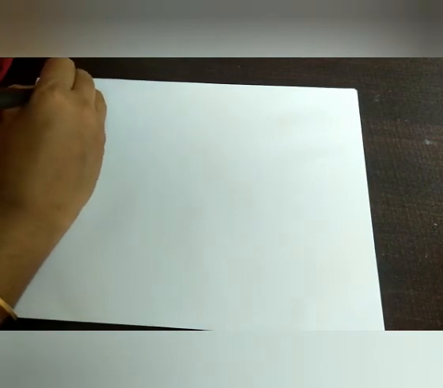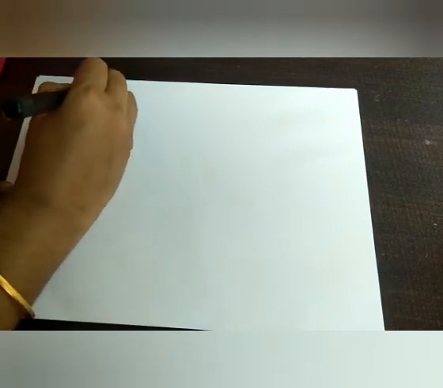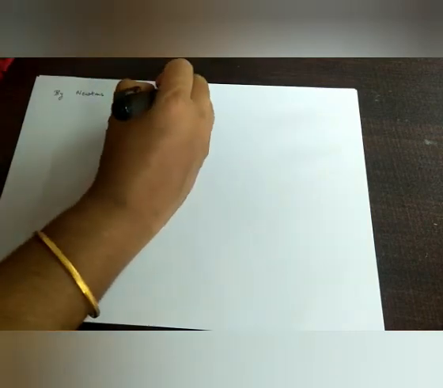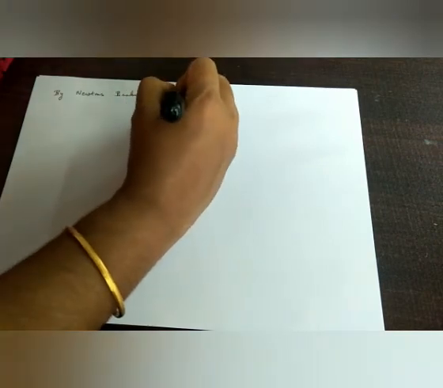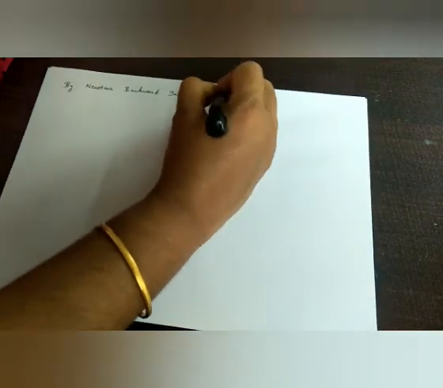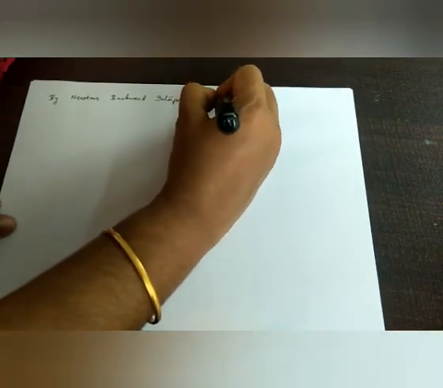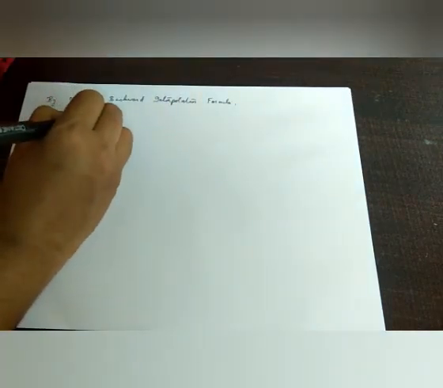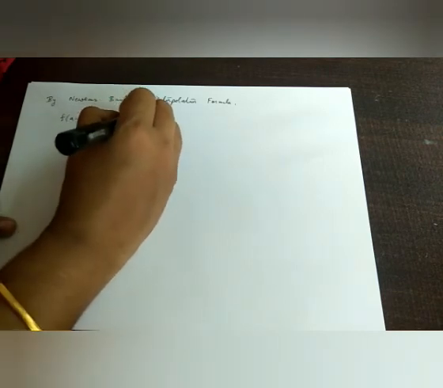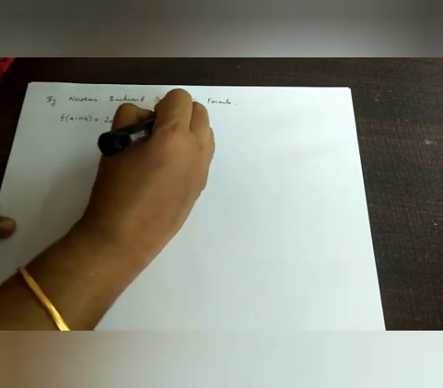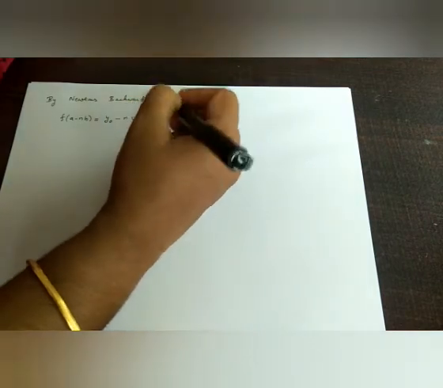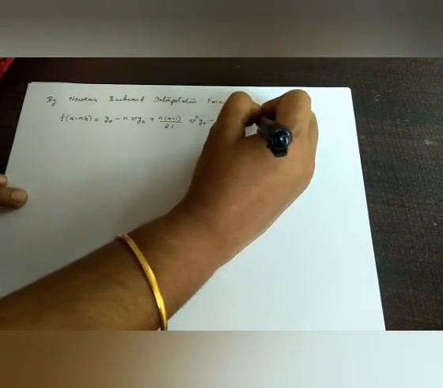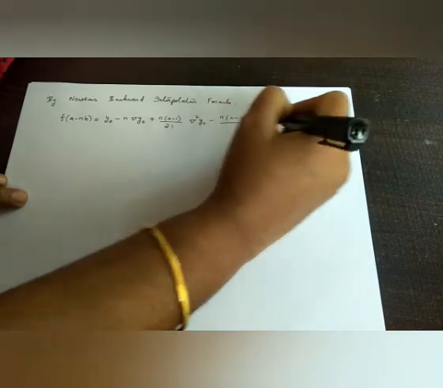By Newton's backward interpolation formula, we have f of a minus nh is equal to y naught minus n del y naught plus n into n minus 1 by 2 factorial del square y naught minus n into n minus 1 into n minus 2 divided by 3 factorial del cube y naught.